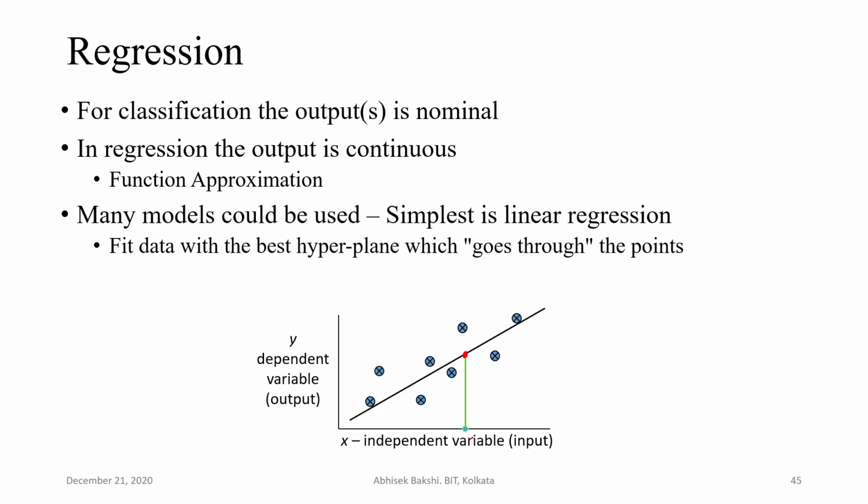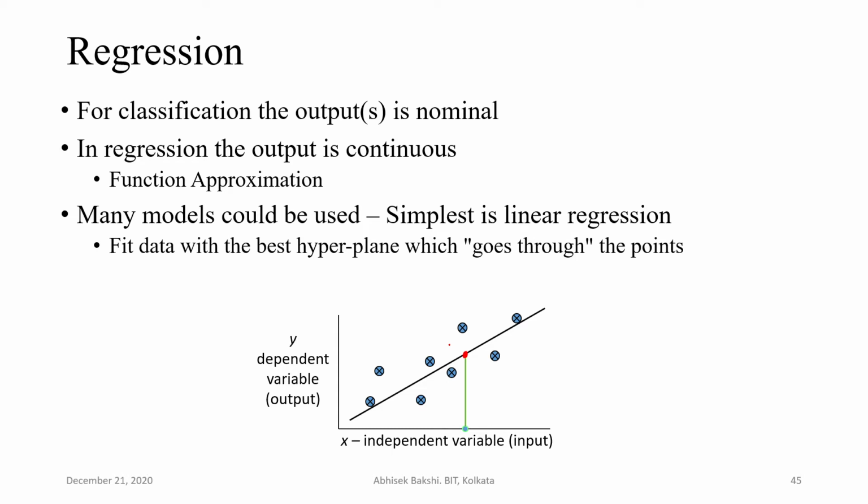You see, I don't have any exact value over here. If I consider that the value of this point is unknown, some unknown data, then what could be the value that I can predict from here, right?